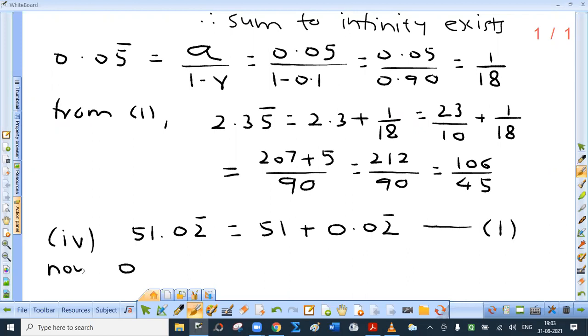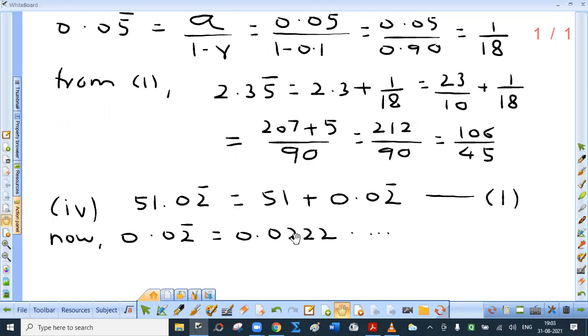Now write down 0.02 bar is 0.0222. So this is 0.02 plus 0.002 plus 0.0002 and so on.